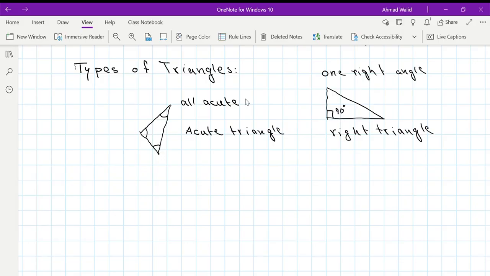Correct? And the last one, something like this, one angle will be obtuse. Correct? One angle is what? Obtuse.